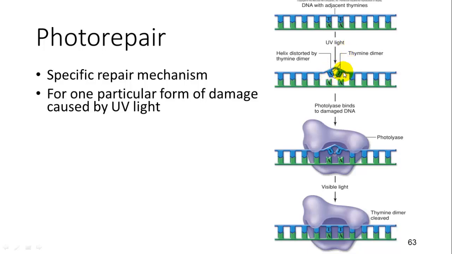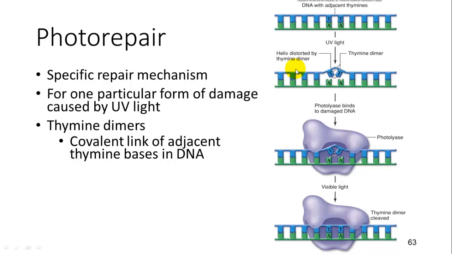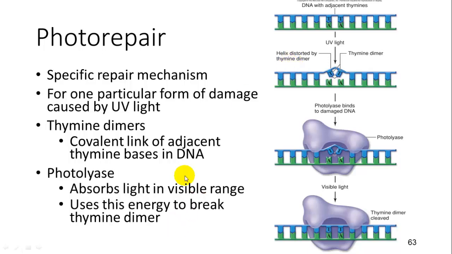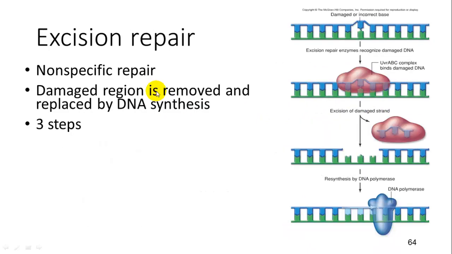It'll cause two thymines that are together to stick to each other rather than to bind to the adenines on the opposite side. A photolyase will go and actually break that bond and recorrect them. This is very specific to thymine dimers, which is why it's a specific repair mechanism.